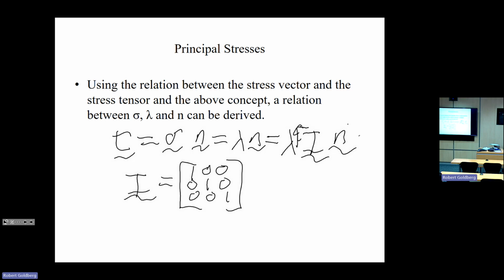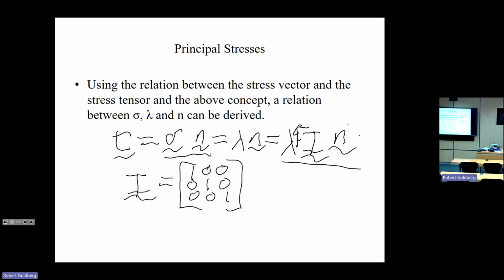So using the identity matrix allows us to do that.